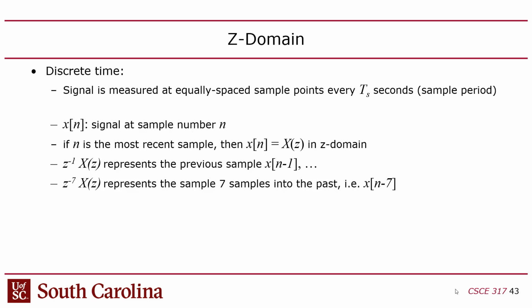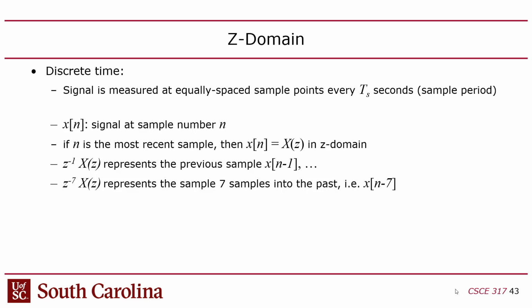And the other thing, and this is the part that kind of surprised me, is if you take z and you raise it to a negative exponent, now remember I said you never do that with s. Whenever you have a transfer function, s never has a negative exponent, right? You always adjust it. But in the z domain, a negative exponent, when multiplied against the variable, represents something special. It means the sample from that variable n samples ago, where n is the inverse of the exponent.